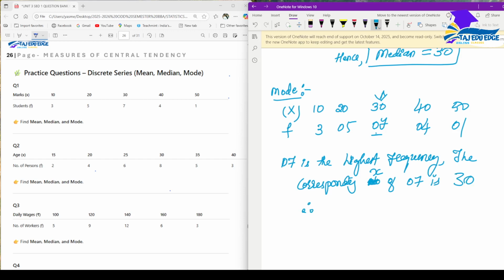Therefore, or hence, 30 is mode. 30 is mode. Like this we need to calculate.